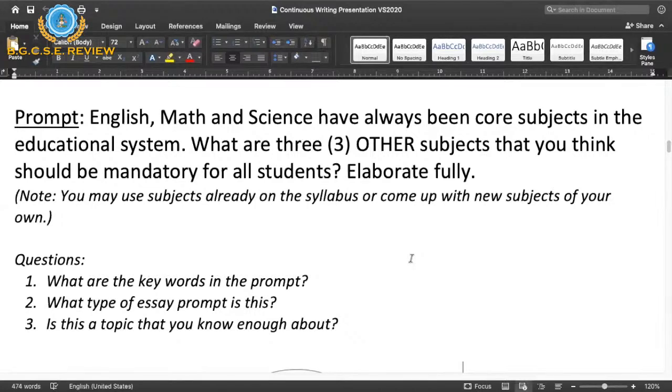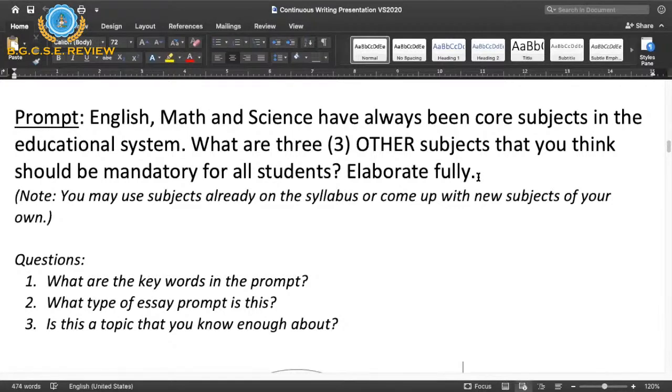So now I'm going to ask you a question. Number 1, the first one. The second one is going to be a poll. What are the keywords in the prompt? The prompt begins here and it ends here. What are the keywords in this prompt, grade 12?